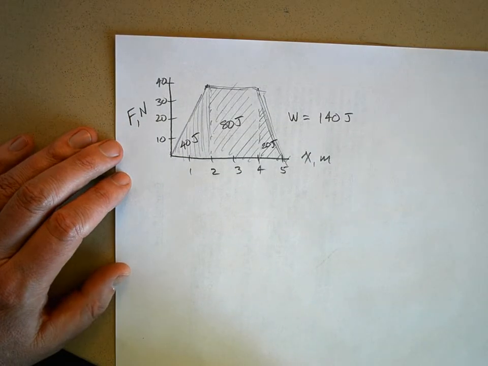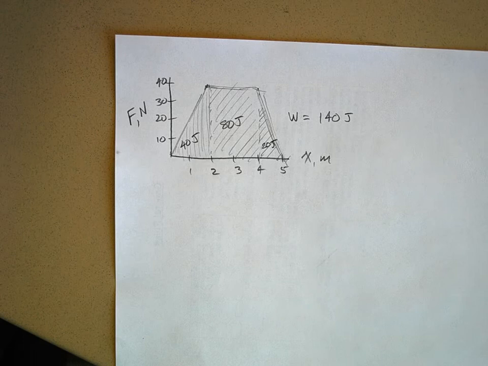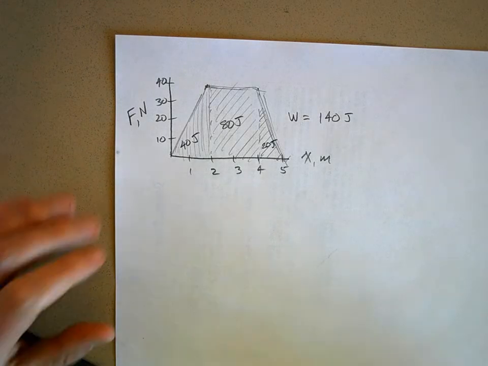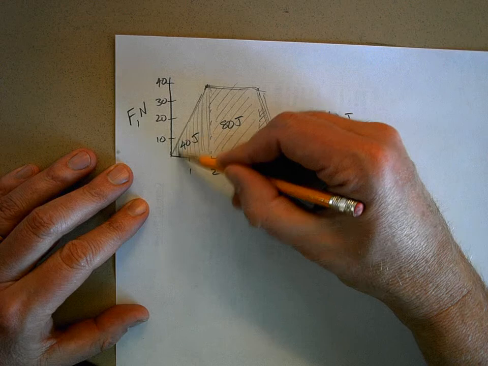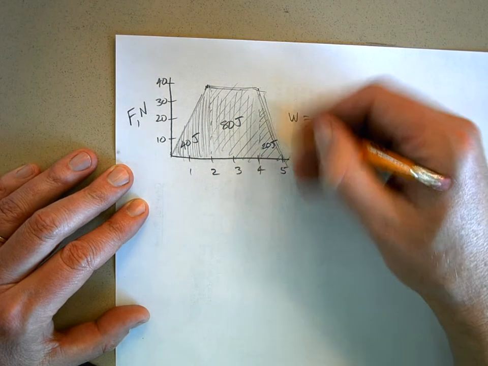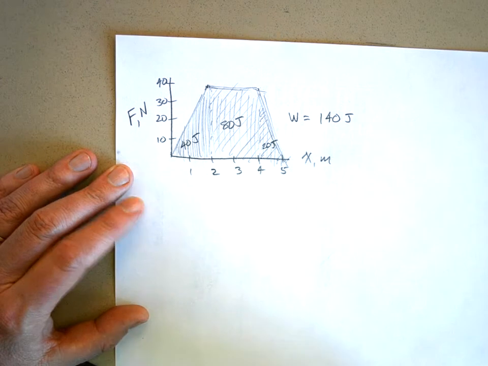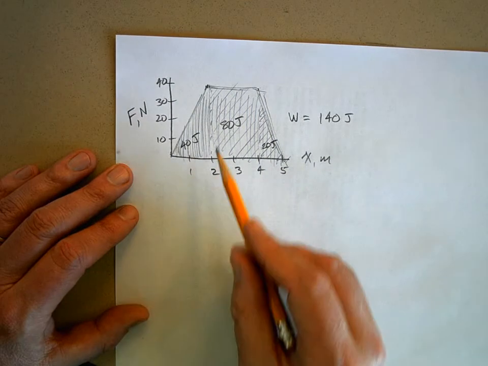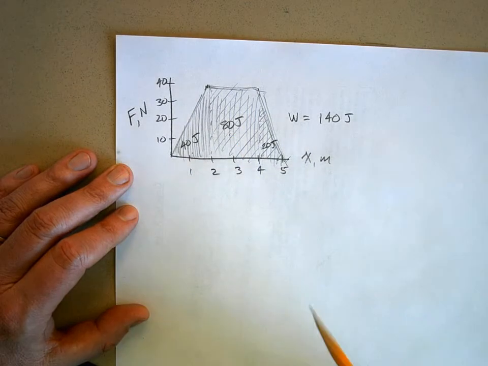Okay. Now, in calculus and in calculus-based physics, we can go farther than that. We would just take this and divide it up into infinitely skinny little rectangles, and we would sum them up. Here we're summing, right? 40 plus 80 plus 20.